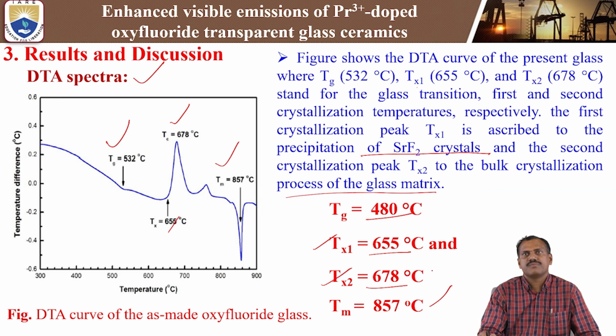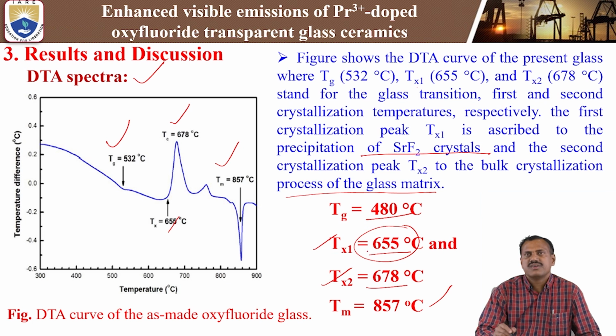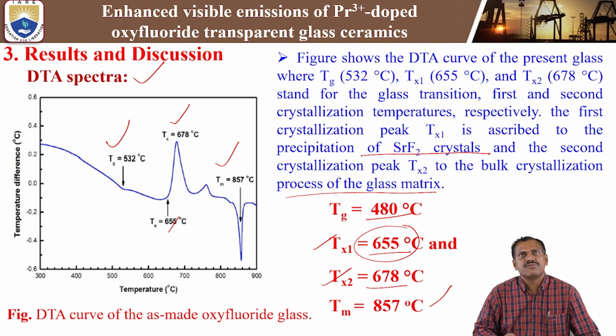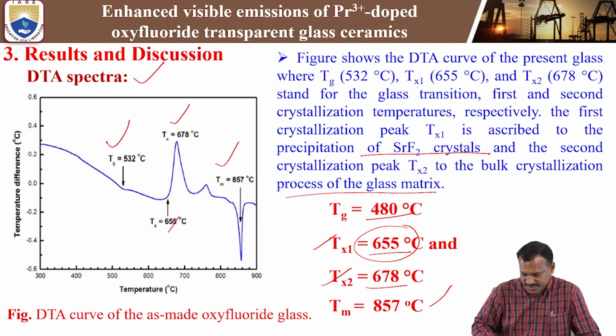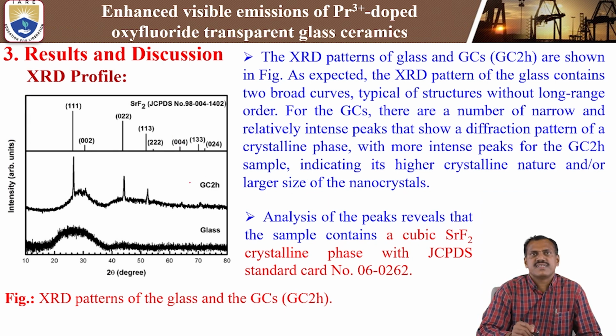We need the crystallization process at 655 degrees centigrade, so we give the heat treatment or nucleation at 655 or 650 degrees. At that particular temperature we do the heat treatment, and then only the glass material will be converted into transparent glass ceramics. Now see the XRD pattern of the glass material as well as the glass ceramics.